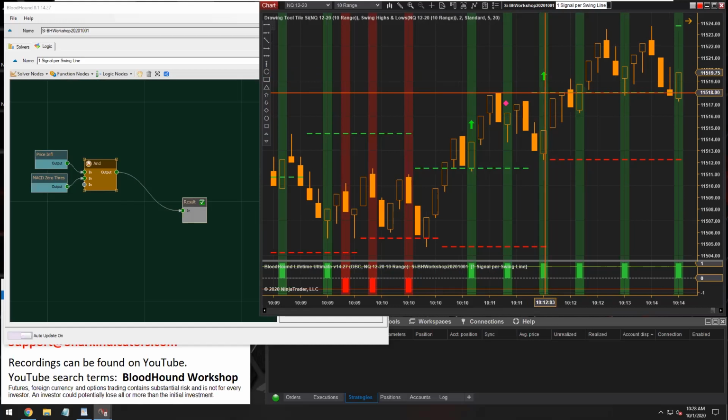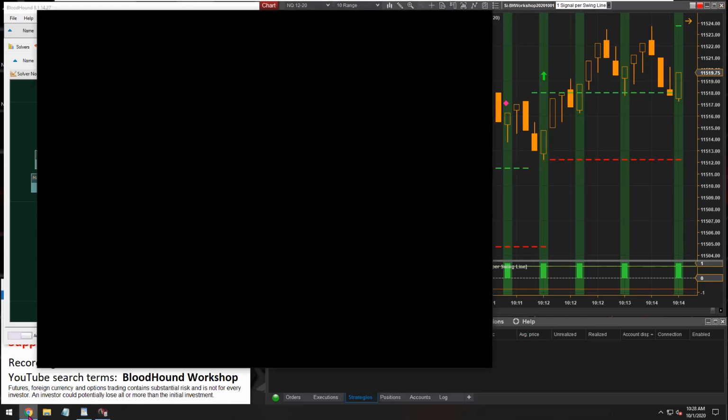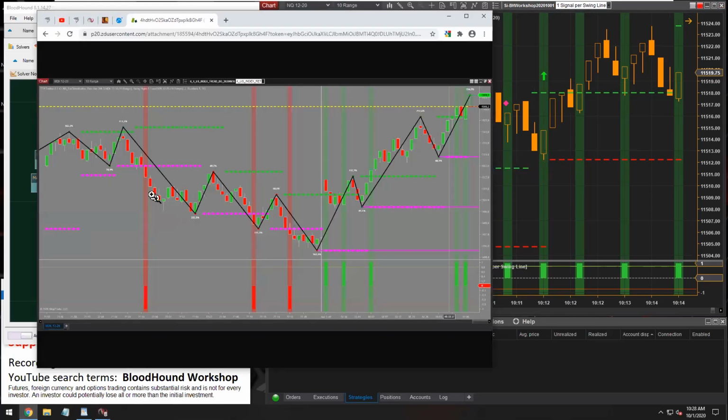Now, in Thomas's original question here, we'll do two different types of setups. So from that screenshot that we had, let's pull this back up here. We can see that the signals were occurring, and actually the signals could have been occurring because of the way Thomas originally had his signal blocker reset set up, but we can see that the signals are occurring when price crosses the swing line.